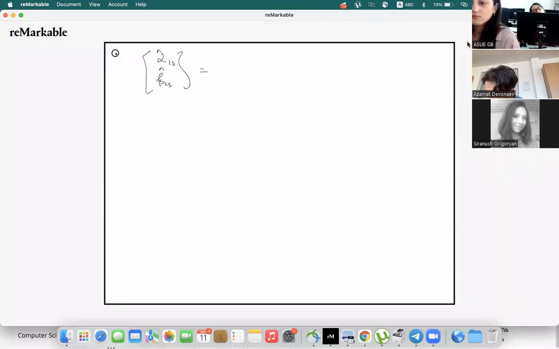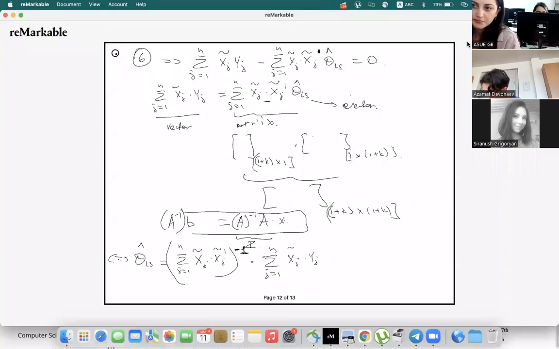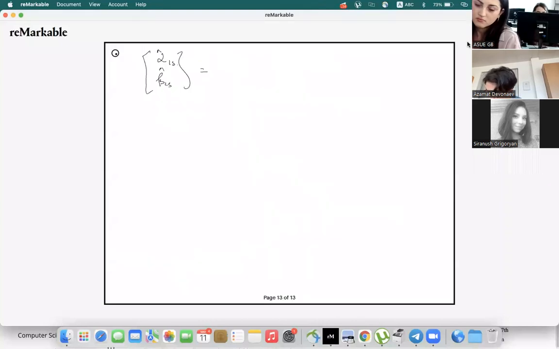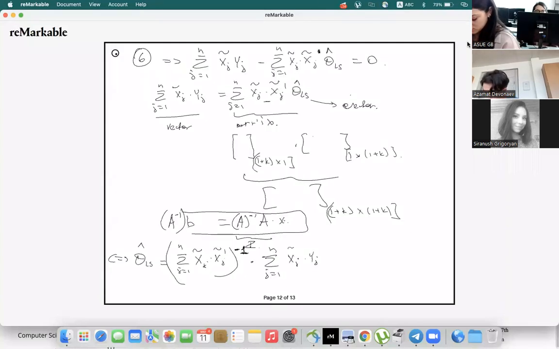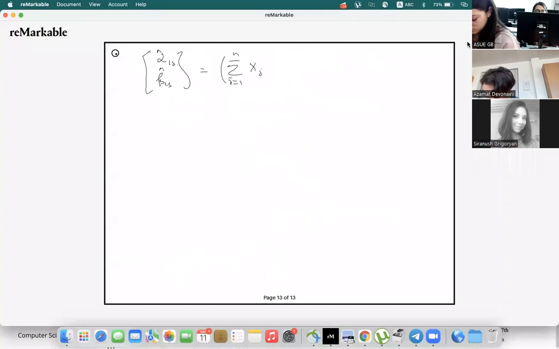It's basically this very beautiful form. It's a closed form solution for these alphas and betas. It's amazing.